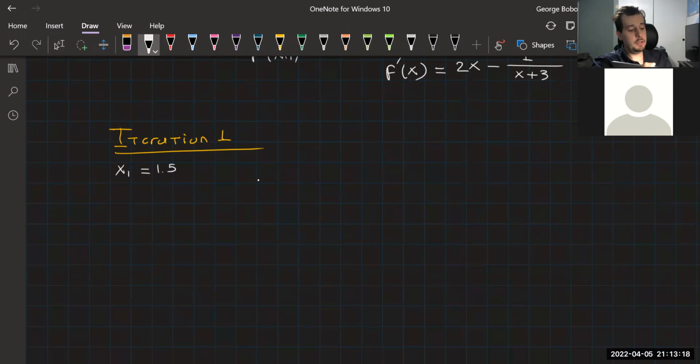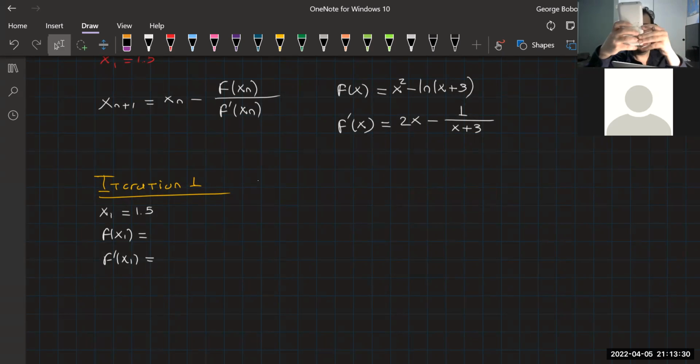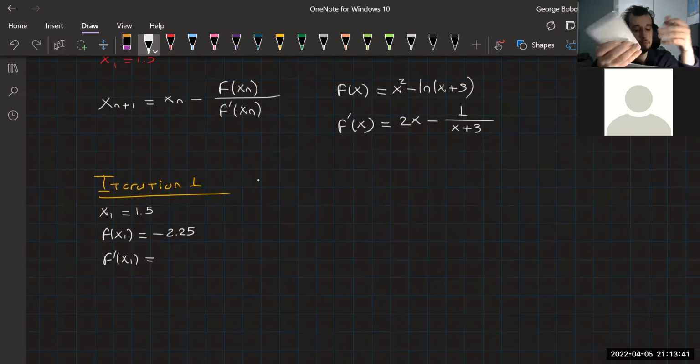So we need to find f of x1 and f prime of x1, which, if we plug the values in respectively, are 1.5 squared minus ln of 4.5, which gives 2.25, and then the derivative, 2 times 1.5, and then 1 over 4.5, and then we have this minus this, 2.778.